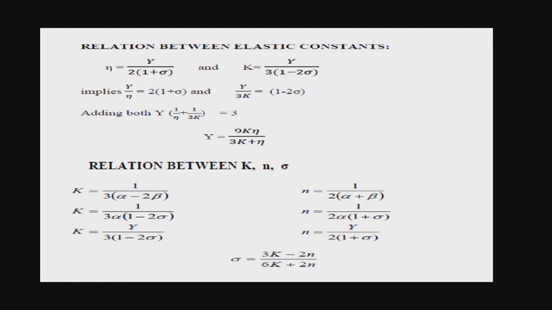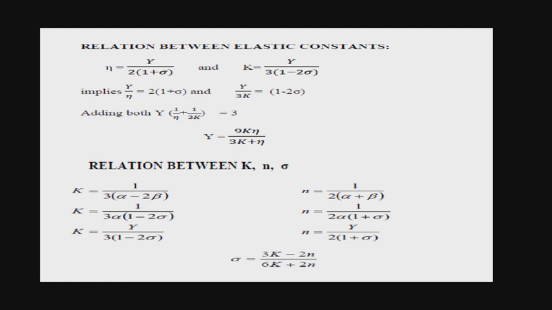So, K is equal to 1 by alpha is Y, 3 into 1 minus 2 sigma. Same in this case also, take alpha outside, alpha divided by alpha is 1 plus beta divided by alpha is sigma, and 1 divided by alpha is Y. So, eta is equal to Y divided by 2 into 1 plus sigma.